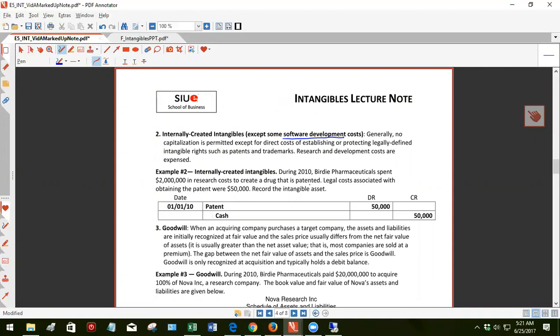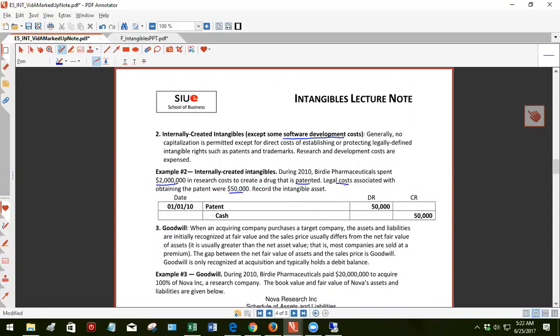Okay. So in example 2, they spent $2 million in research costs and the drug is actually patented. So it's not like they did some research and they don't even have a patent to show for it, but they believe there's value. There's an actual patent. The legal costs associated with obtaining the patent were $50,000. Record the intangible.